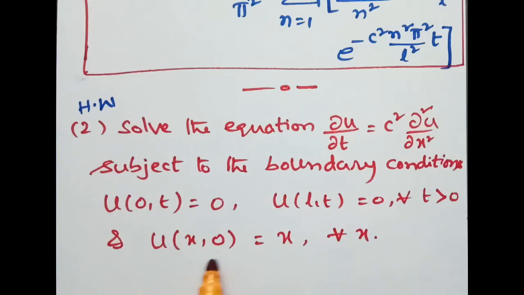Instead of u of x comma 0, another function is there, but here it is x. You just replace that one and continue the remaining solution till equation number 4. After that, apply condition number 3 and then find the value of Bn. This is the homework problem.